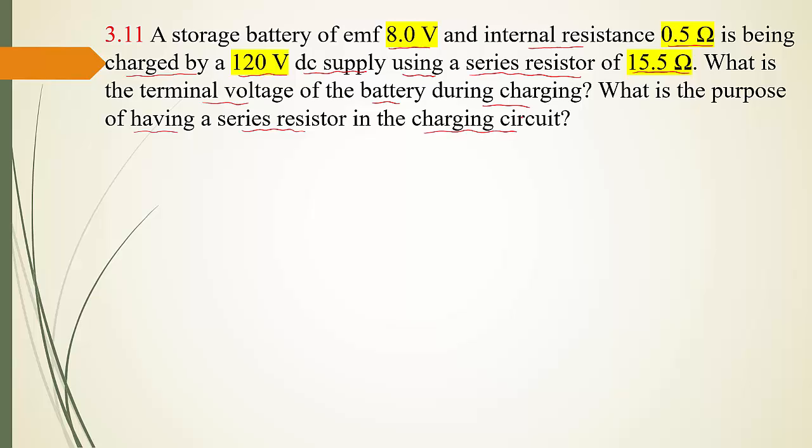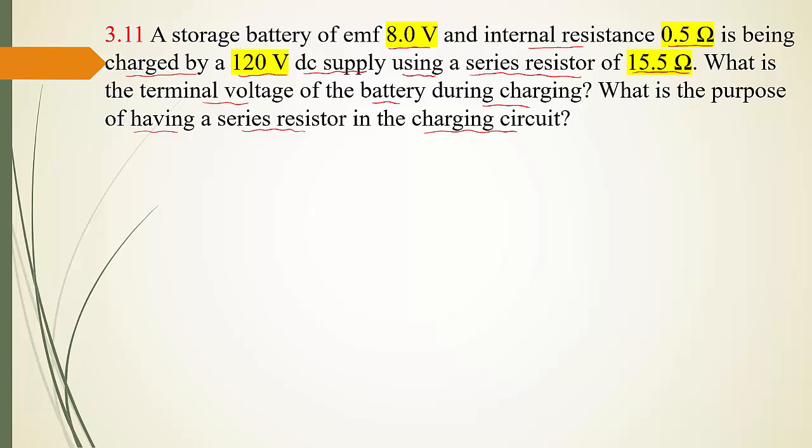See here, a storage battery which is having EMF 8 volt and internal resistance 0.5 ohm is being charged by a 120 volt DC supply using a series resistor of 15.5 ohm.